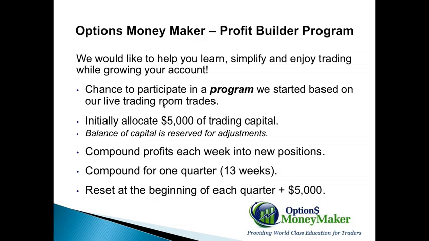It means that maybe you have an $8,000, $10,000, $12,000, $20,000 account, but initially you're going to set aside $5,000 of that for trades. That can be anywhere from 2 to 4 trades that we allocate to that $5,000, and the balance of the capital is reserved for adjustments if and when we need to make those adjustments.